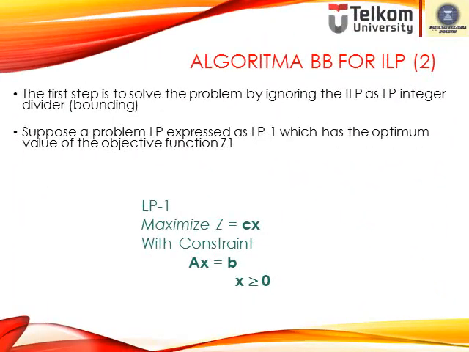The first step is to solve the problem by ignoring the integer constraint, as LP, called bounding. Suppose the problem LP is expressed as LP1, which has the optimum value of the objective function z1. LP1: maximize z equals cx with constraint Ax equals b, x more than or equal to 0.